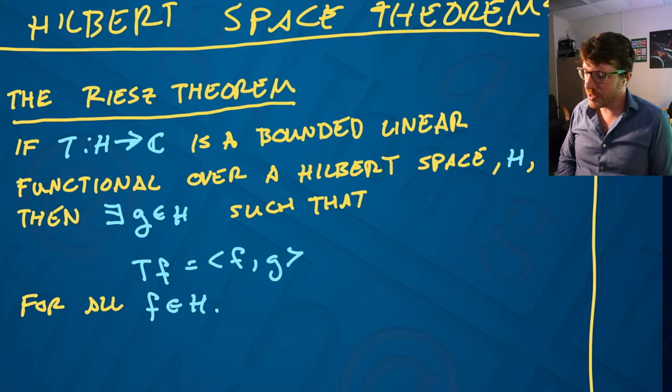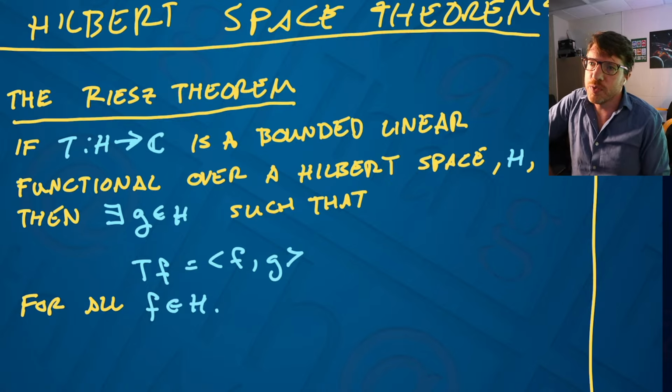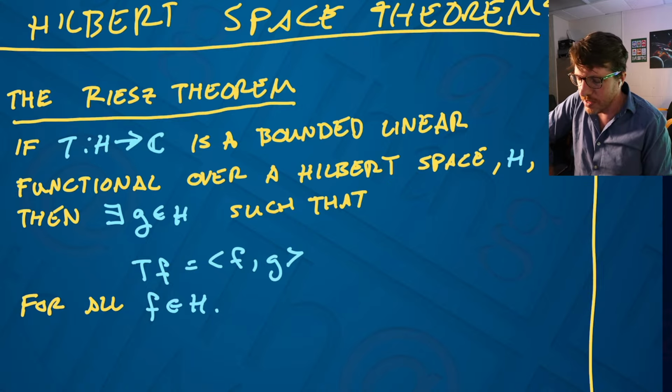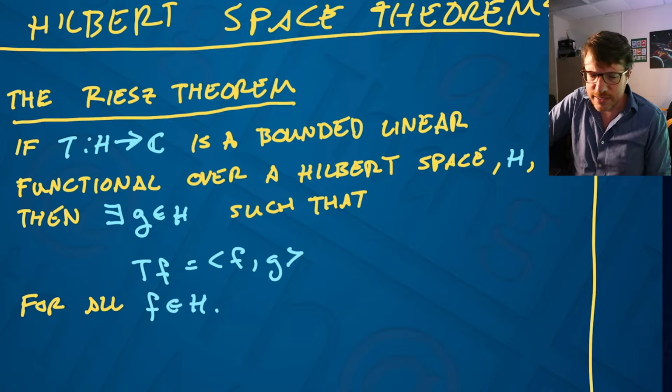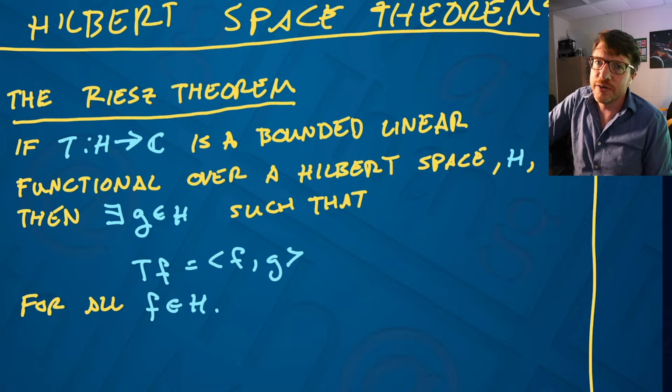Initially, like I said, this was due to Maurice Fréchet and Riesz. In the case of big L2, the Lebesgue space, I think Riesz later on in the 1930s released a much more general version of his theorem, for general Hilbert spaces.